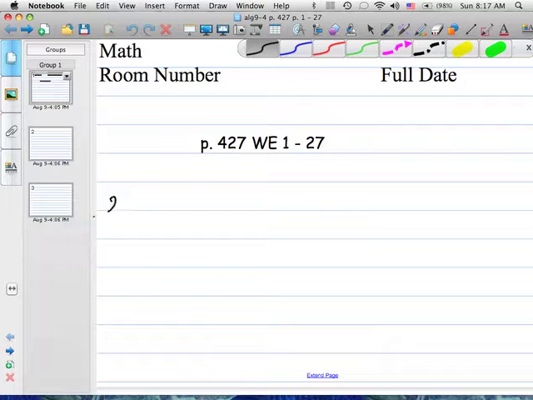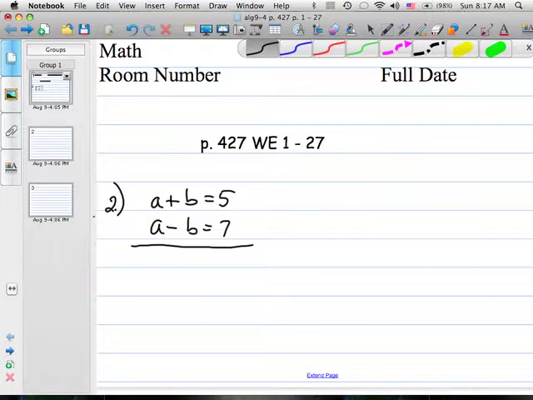So problem number 2, we have a plus b equals 5 and a minus b equals 7. Since the signs of the b's are opposite, we're going to add them together, which will eliminate the b, so 2a equals 12. Divide by 2, and we get a equals 6.